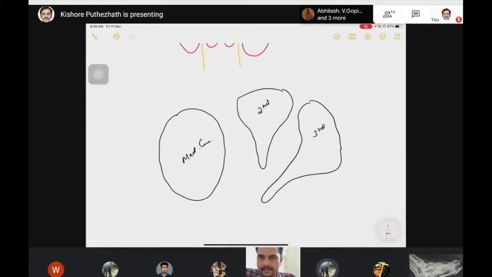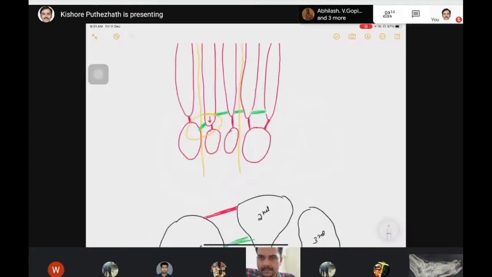Sir, it has 3 parts: the dorsal part, the interosseous part, and the plantar part. The plantar part is connected to the second and also to the third. So this is the cross section. The primary problem is the disruption of this part, and the rest is the sequelae of the disruption of this joint.